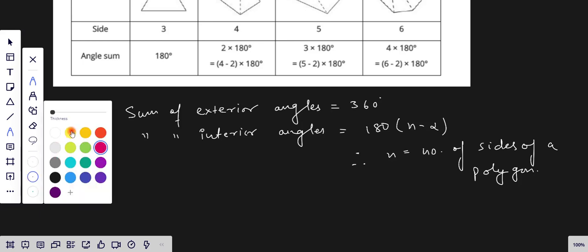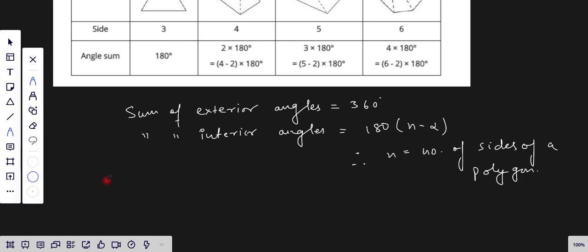The first case I'm taking is a triangle. A triangle has 3 sides, right? n equals 3. So if you put 3 in place of n, you will get the interior angle sum, and you all know that the sum of all angles of a triangle is equal to 180 degrees, right?